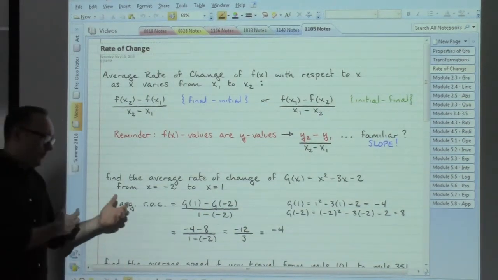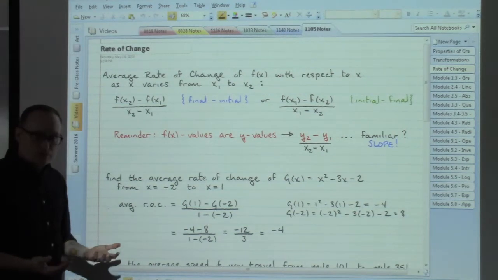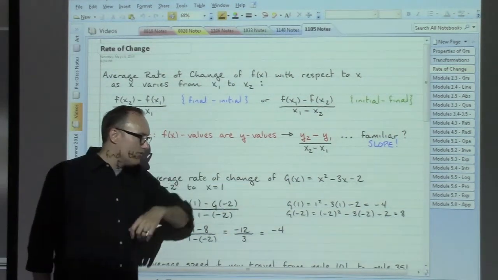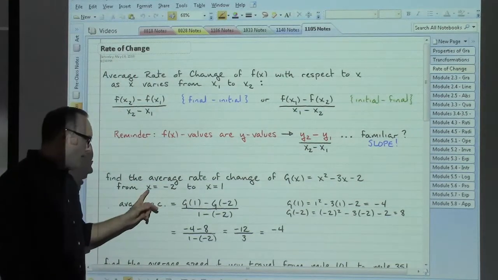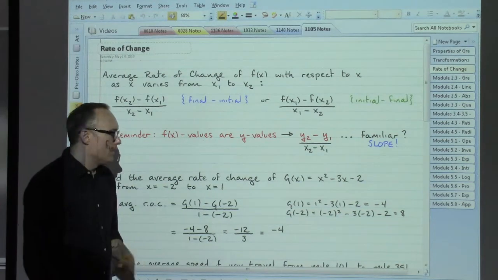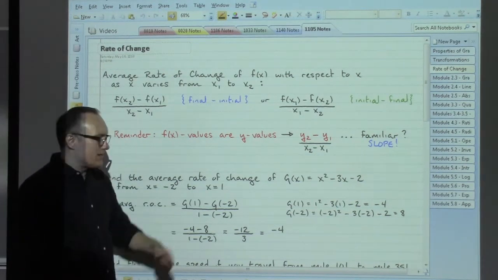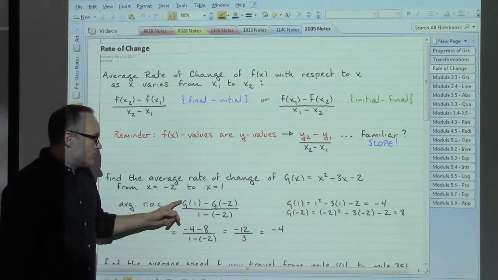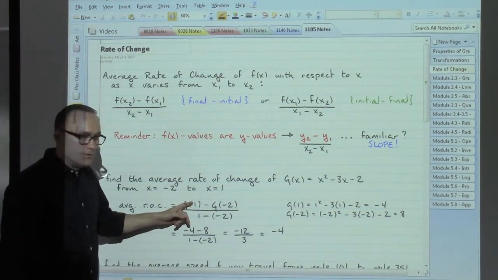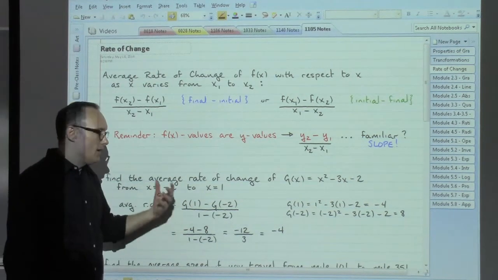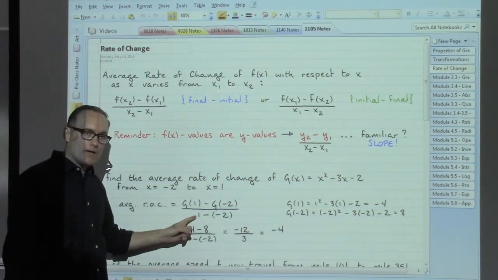So we've got an example here where we just use this exactly as it looks: find the average rate of change of capital G of x from x equals -2 to x equals 1. We've got our rule for G of x, so we can calculate those values. We do the final minus the initial for function values on the top, and final minus initial x values on the bottom.